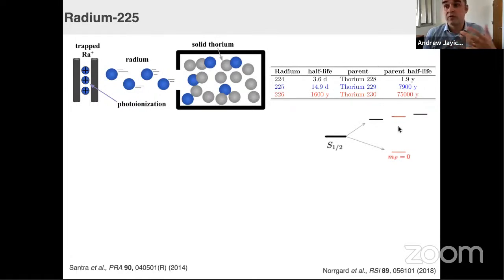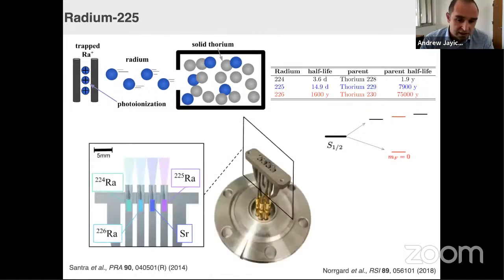And then at this point, once we have this oven working, this is really going to start to look like any other ion trap experiment. You're not going to use ablation anymore. Here's what the oven looks like. It's 3D printed with tons of inspiration from the NIST vacuum group. We plan on loading it. This is at Oak Ridge right now.